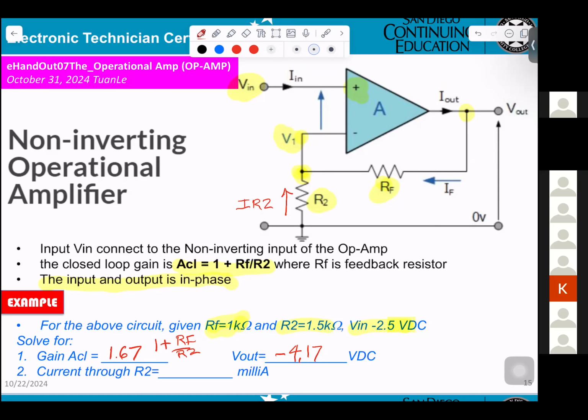If you want to know the current through R2, you already know one side is ground, 0 volts.